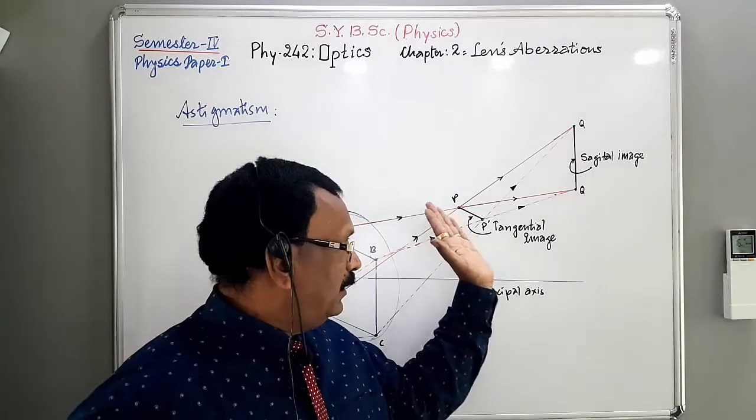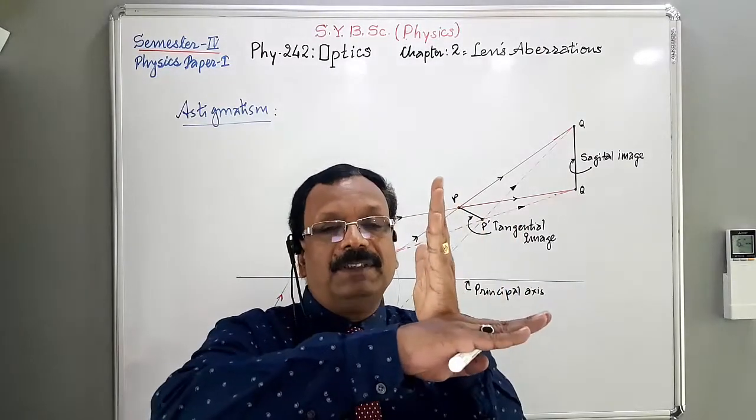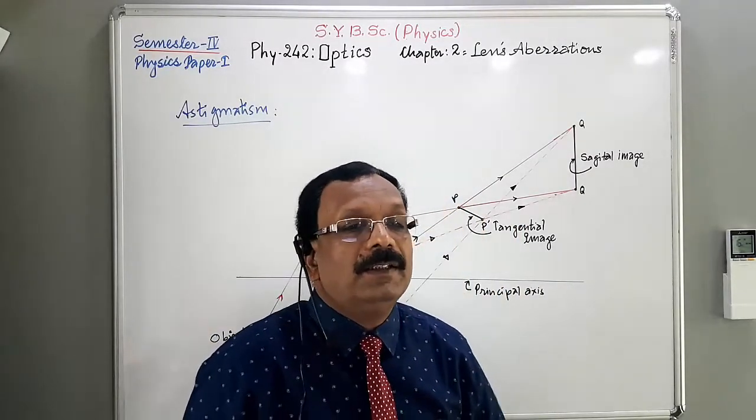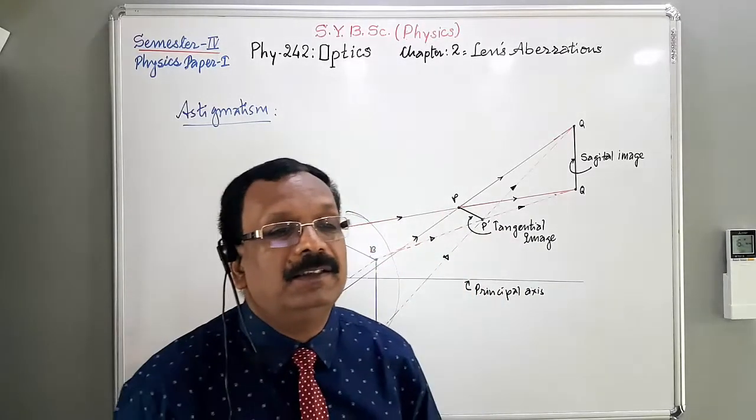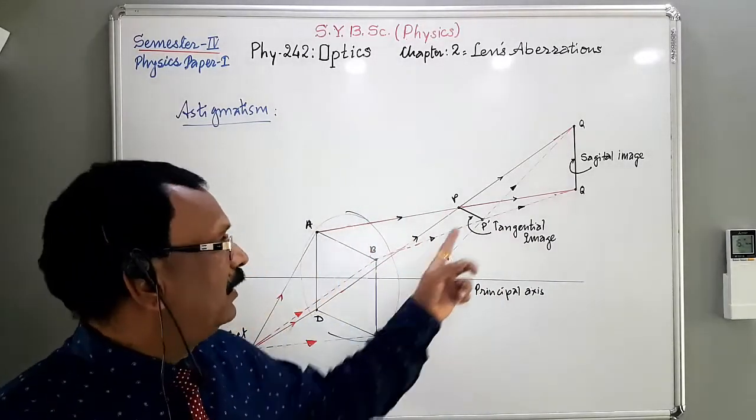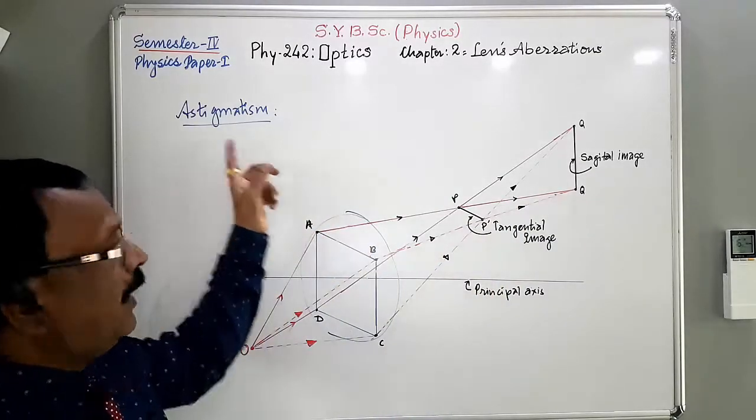That means one image is like this, another image is like this. This defect in the image is called astigmatism.